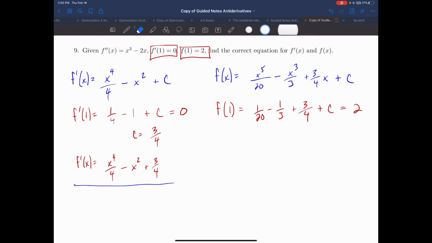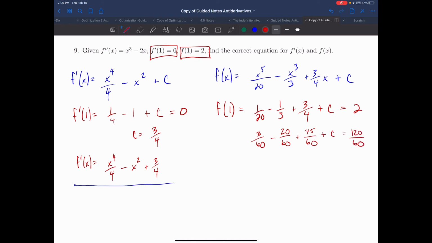The least common multiple here is 60, so this would be 3 over 60 minus 20 over 60 plus 45 over 60. I had to multiply both by 15. Plus c equals 120 over 60.